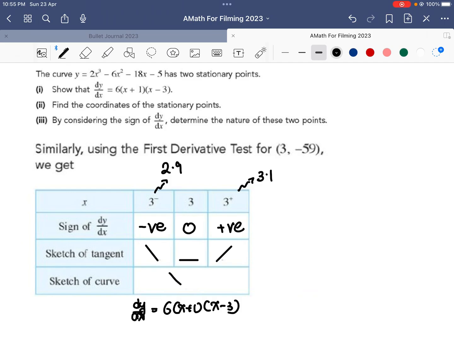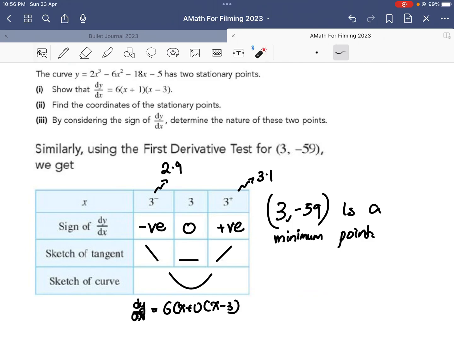If you join the dots, you will see that it will give you this. Hence, this is clearly a minimum point. So the statement I can make here is that 3, negative 59 is a minimum point. So basically what I have done here is determine the nature of these 2 points. The nature meaning, is it a maximum point or a minimum point?